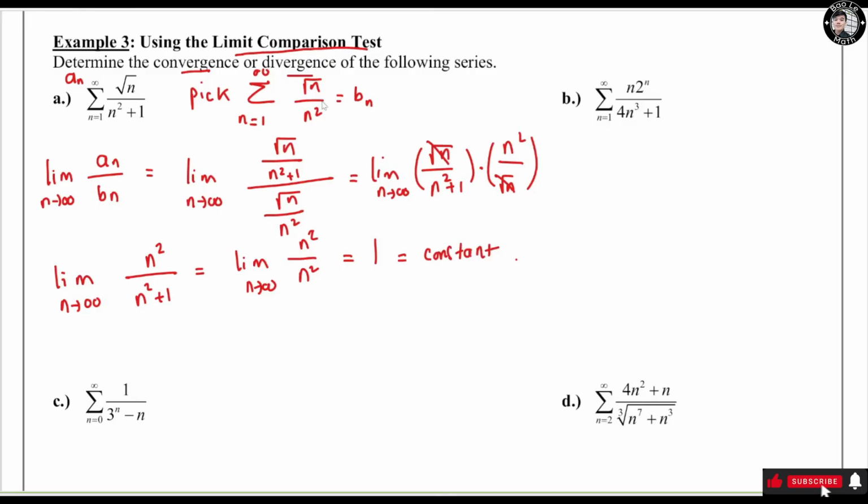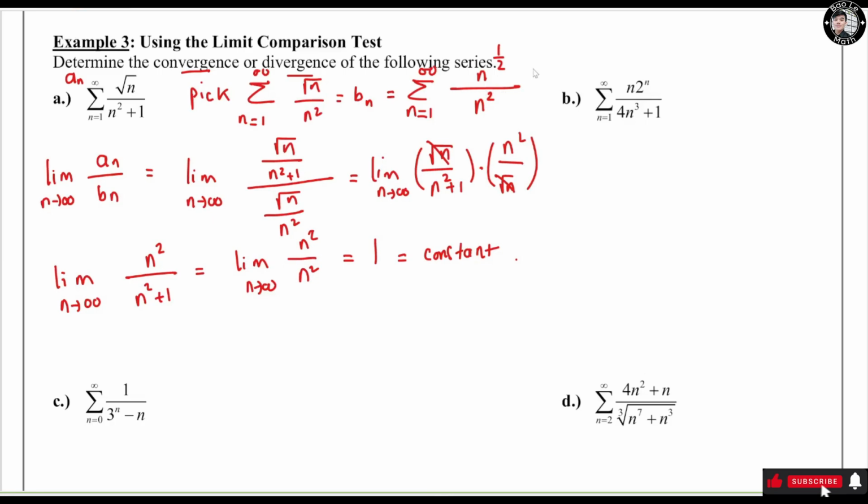Now we're going to go back over here. We check to see if this converges or diverges. So we're going to rewrite this one as sigma when n goes from 1 to infinity. This is n to the power of 1/2, and this is n squared. So we're going to simplify this one.